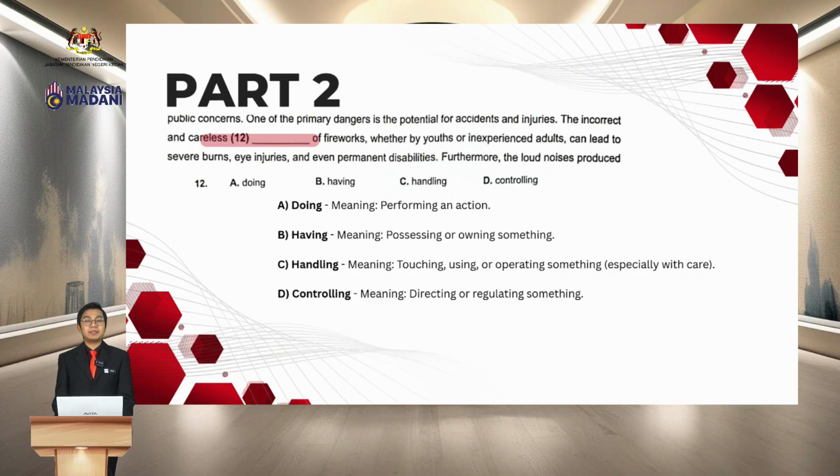So when we look back at the sentence, the incorrect and careless blank of fireworks, whether by youth or inexperienced adults, can lead to severe burns, eye injuries, and even permanent disabilities. Are we talking about performing an action? Are we talking about possessing or owning something? Are we talking about operating something? Or are we talking about directing or regulating something?